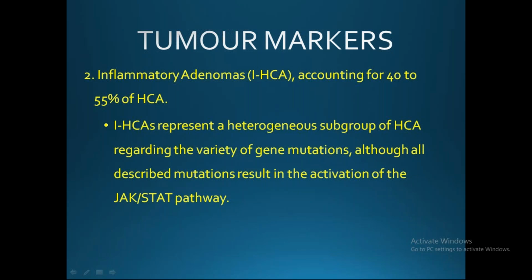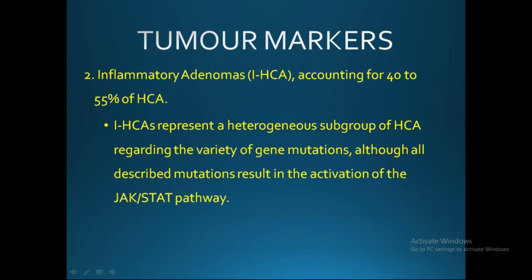Again, inflammatory adenomas account for 40 to 55% of the HCA. It is a subtype of the hepatocellular adenoma, which is inflammatory. Here again, the same mutations will be present, which result in the activation of the JAK STAT pathway.